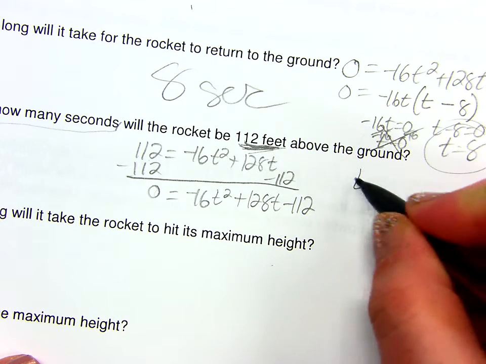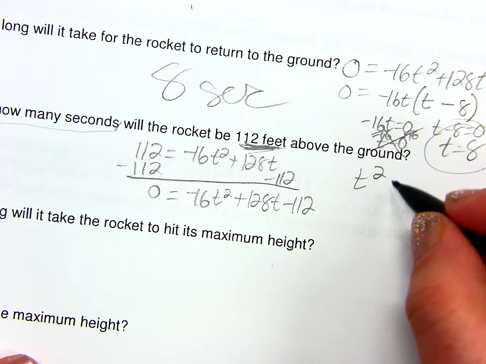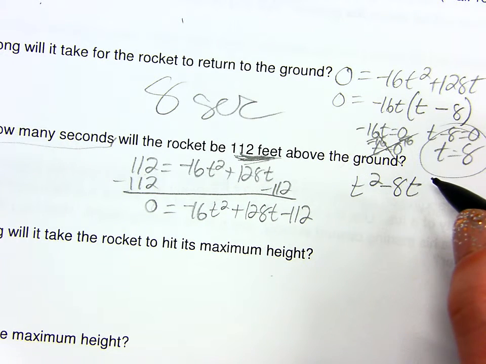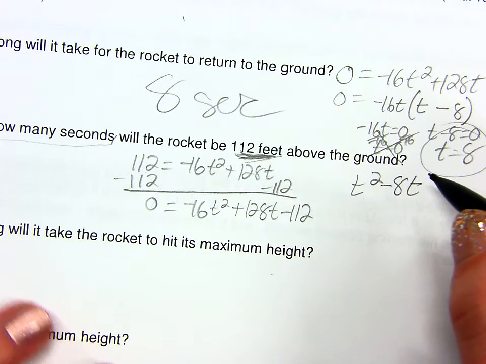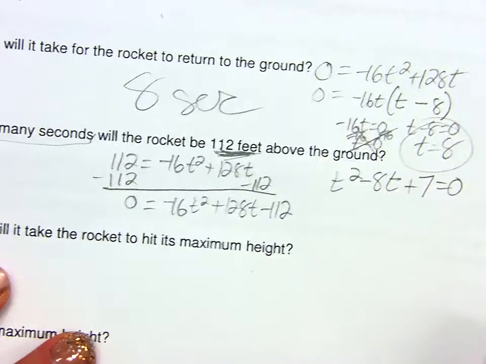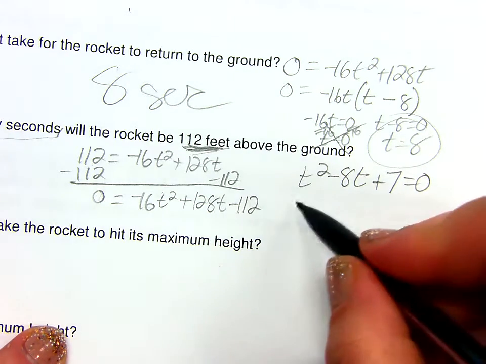Again, I would divide by negative 16 because that'll make my life so much easier. So that'd be negative 8t, and 112 divided by 16 is 7, plus 7.